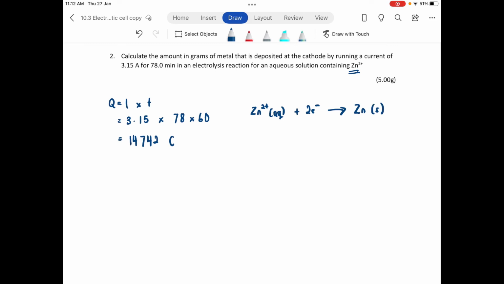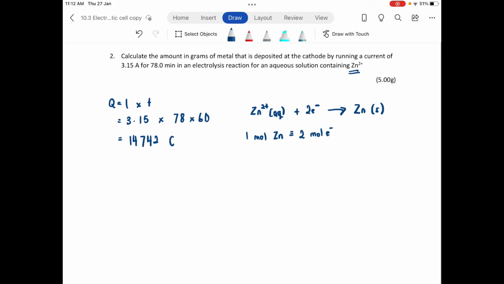According to the equation, all of this is in number of moles. So 1 mole of zinc 2 plus will require 2 moles of electrons to produce 1 mole of zinc solid.